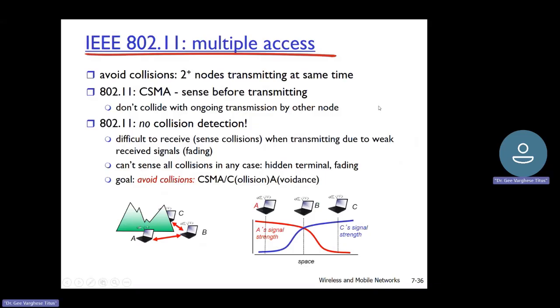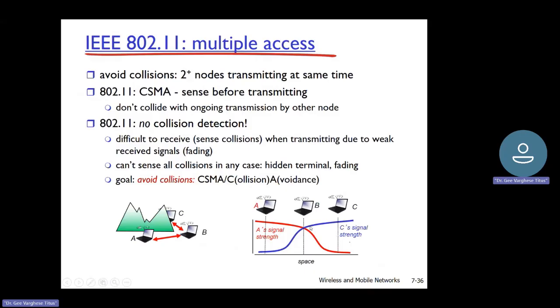Another important point in 802.11 is the multiple access scheme. I think we have already discussed this in a previous session in terms of the hidden node problem. This is an example of a hidden node problem. A is hidden to C because its strength is almost 0, and C is hidden to A because its strength is almost 0 over here.